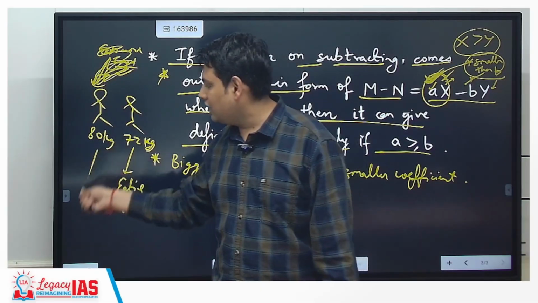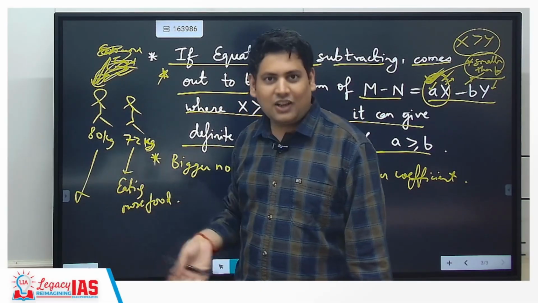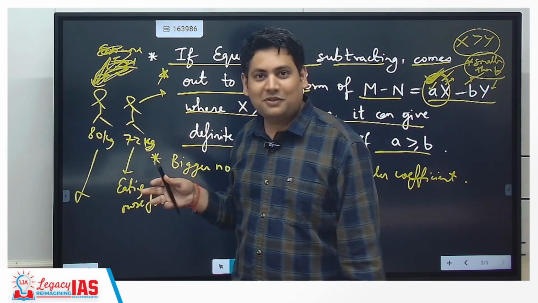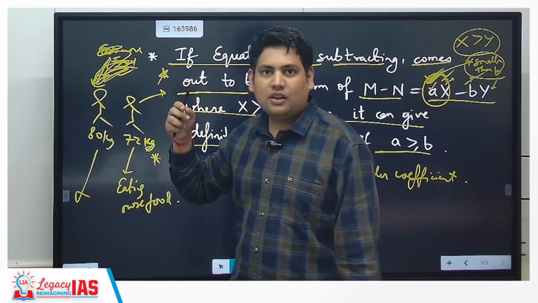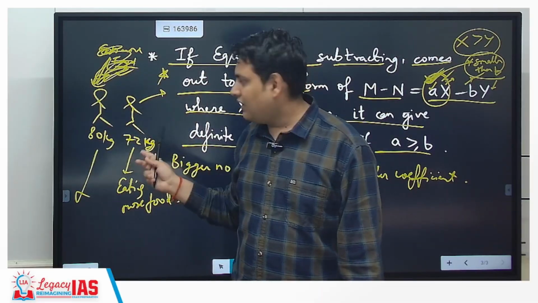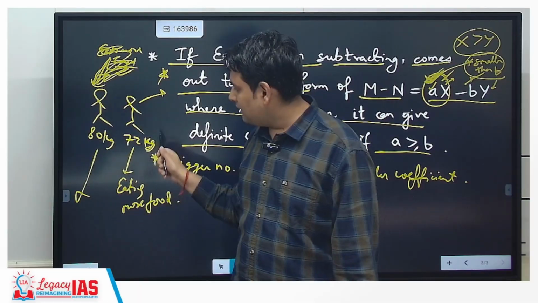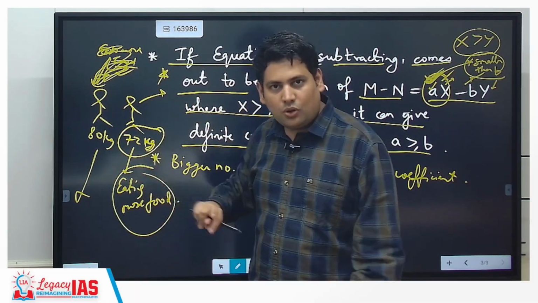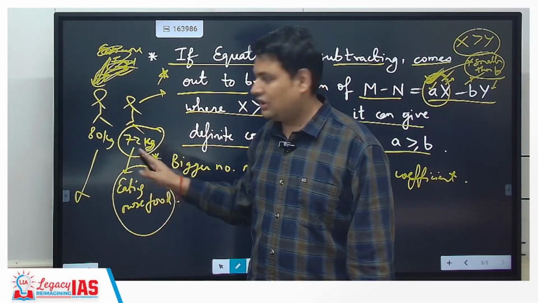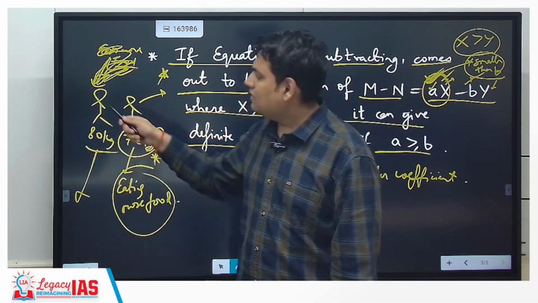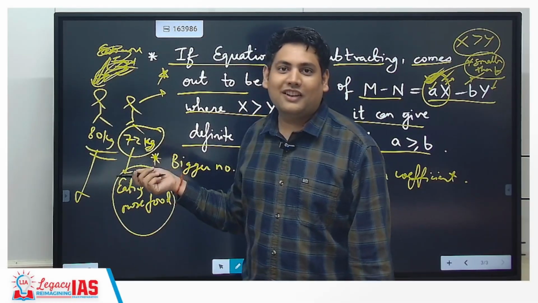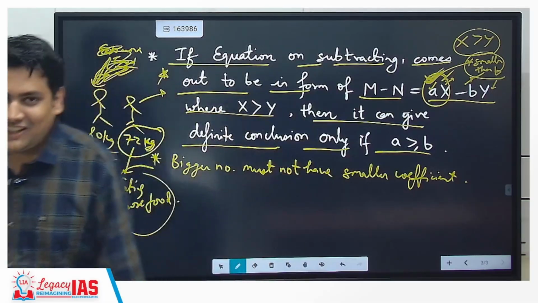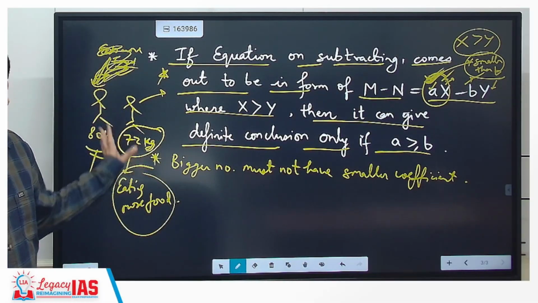Maybe he is on crash dieting and has reduced his weight a lot, and this person is eating a lot of fast food and everything, so his weight may increase a lot. So after 1 year I can't tell, because this person had less weight but is now eating more. There are two opposite quantities at work. But if the heavier person is also eating much more, then he will always be heavier. Of course, we are not getting into the details of biology, but mathematically this works.